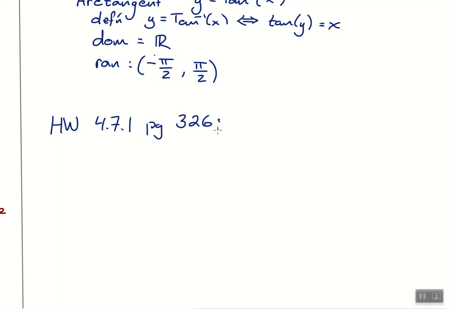You get the privilege to work problems 1 through 17. Now I'm going to change that. We're going to say 1 through 4, 5 through 17 odd. That's it.